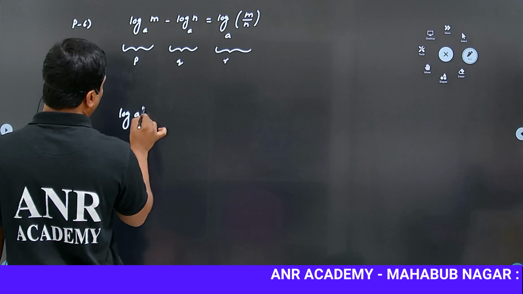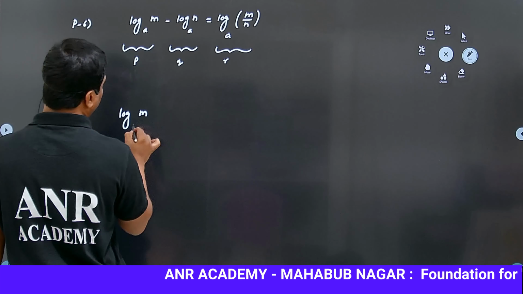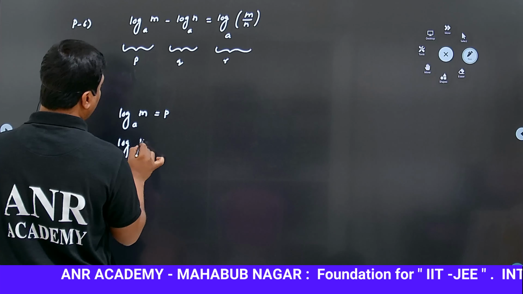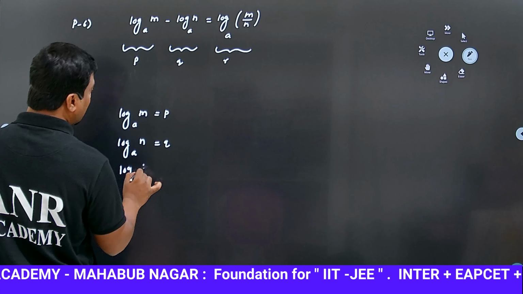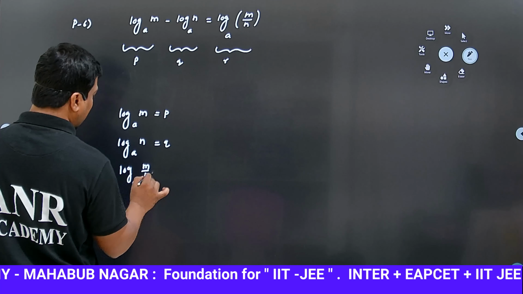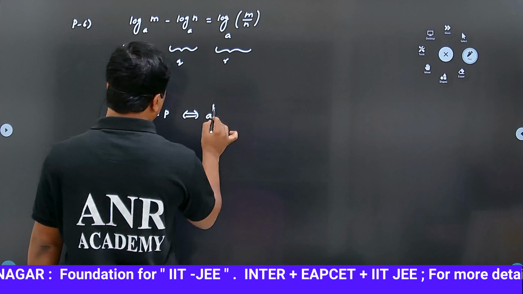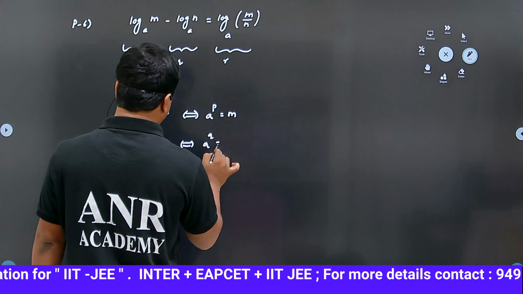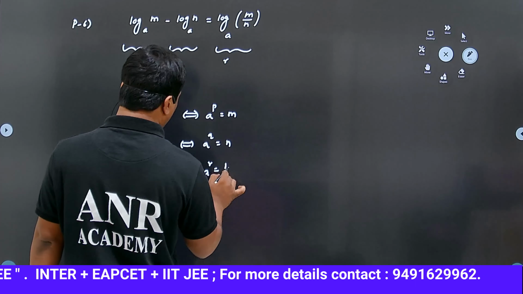If you select log m to the base a equal to p, log n to the base a equal to q, and log m by n to the base a equal to r, you can write a power p as m, a power q as n, and a power r as m by n.